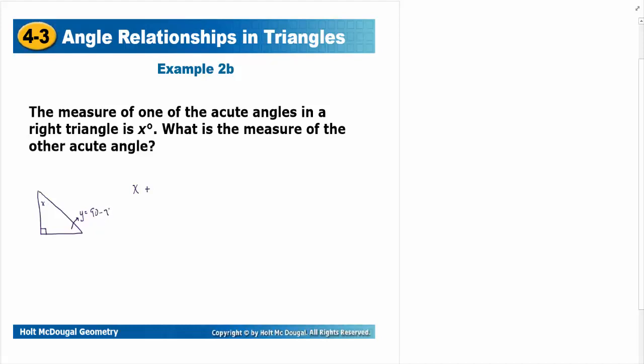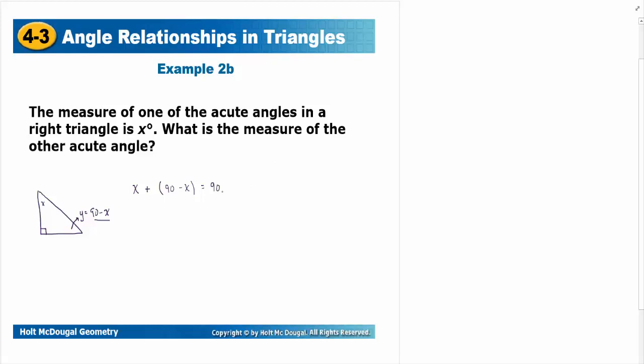So the equation you can write is 90 minus x. If that's x, then this is 90 minus x. If I called this y, that'd be 90 minus x. So my equation would look like this: x plus 90 minus x equals 90. That's your equation.